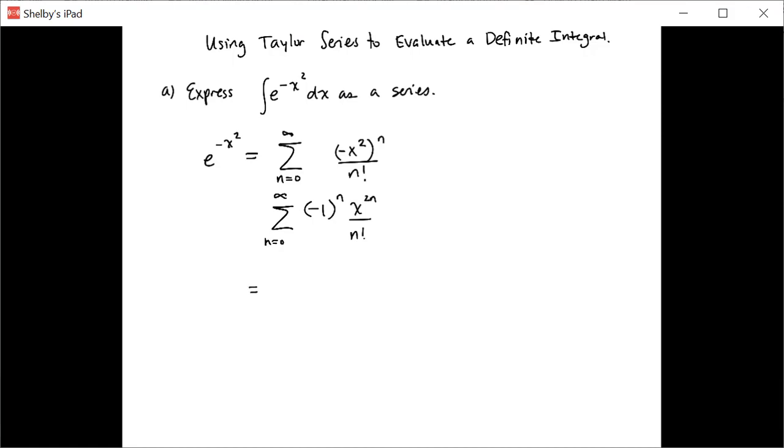So it's equal to 1 minus x squared plus x to the 4th over 2 factorial minus x to the 6th over 3 factorial, so on and so forth. In general, we're getting the negative 1 to the n, x to the 2n over n factorial.